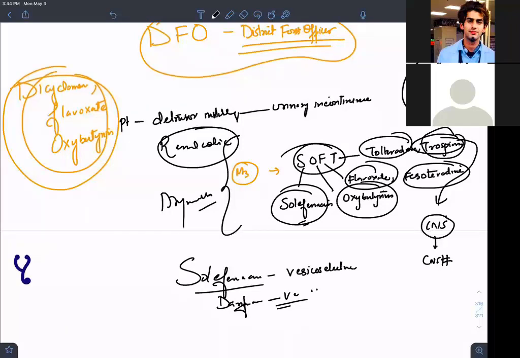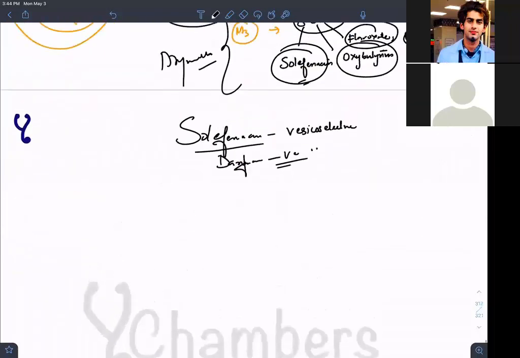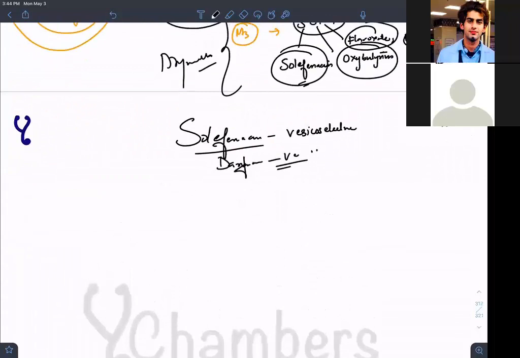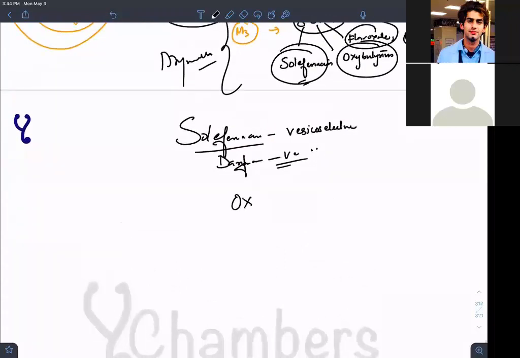Is it clear? Which of the following is the shortest acting, oxybutynin or solifenacin? Oxybutynin, oxy is short. Solifenacin is longest. Soli is long acting.